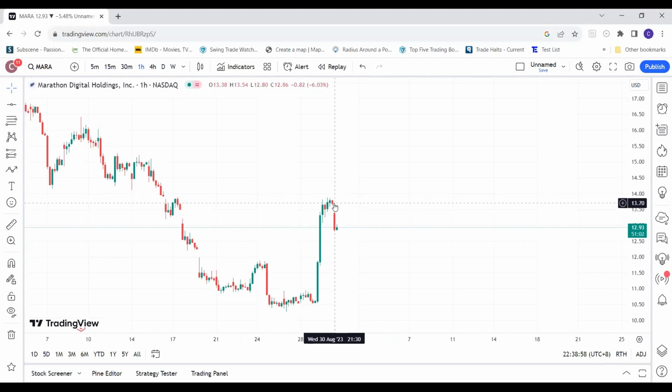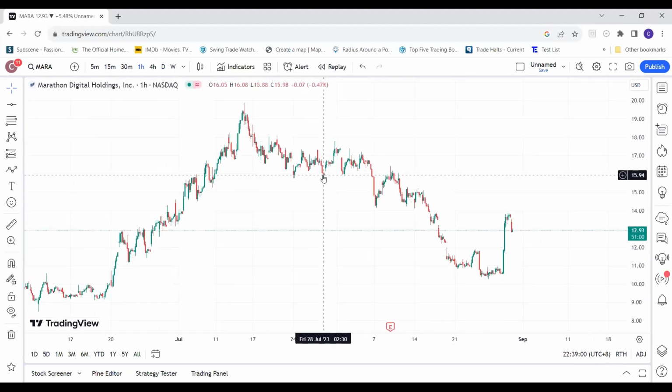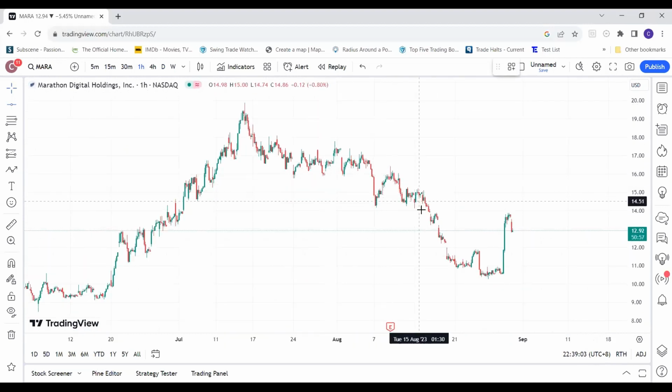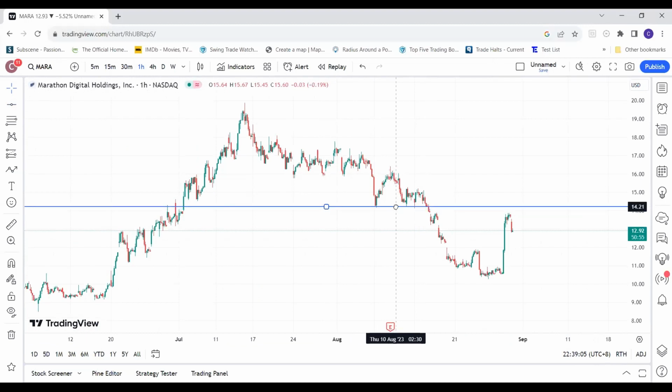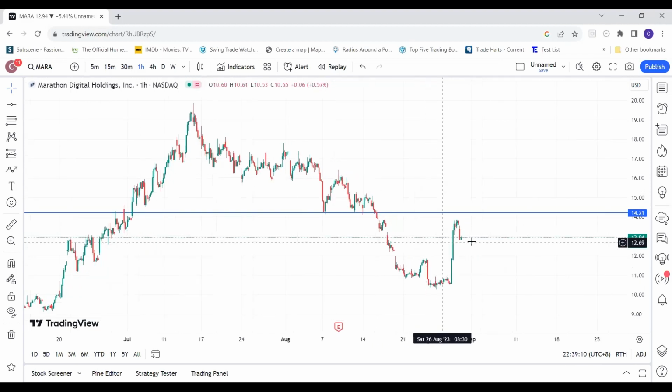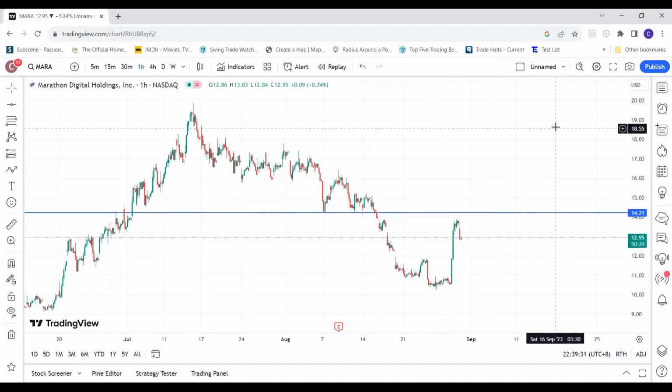There's probably a level around 14, 14 to 14.2, so it's not exactly sitting on any level yet. So if you are looking to go long again, I will say the same thing: wait for it to go back up, break above the level, tap back down, and show a rejection to form a higher low. Then we can more confidently say that it will continue the upward trend.